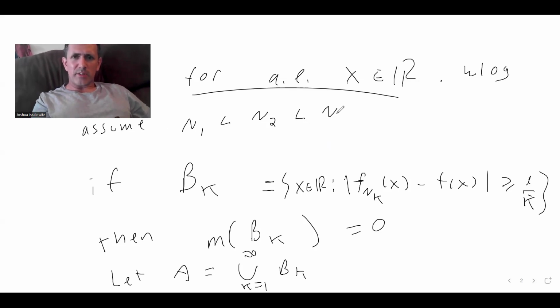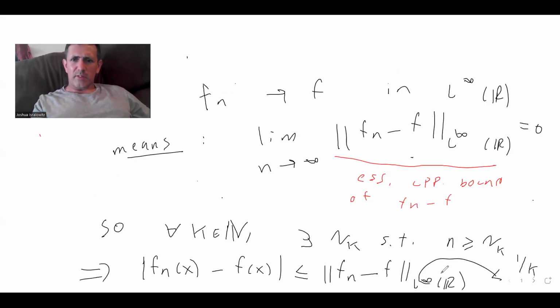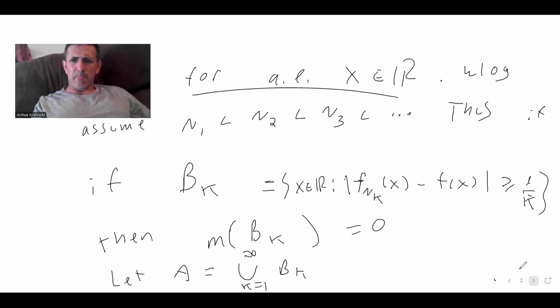We've done things like this before. And this without loss of generality is thanks to we can let little n be anything bigger than big Nk, and this is true.